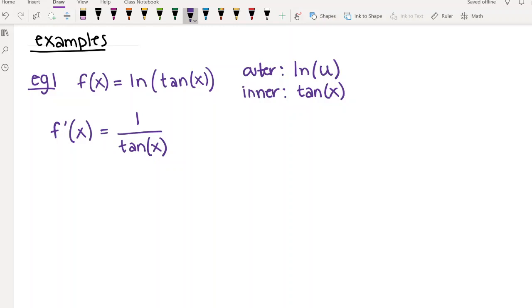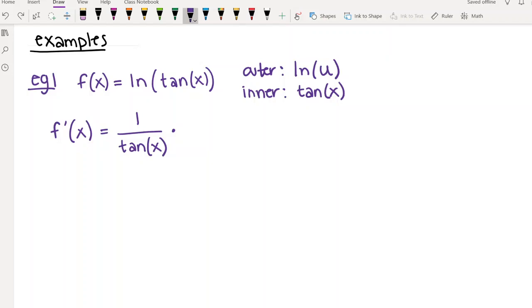Anytime you're taking a derivative of ln of something that's not just x, you're going to get 1 over whatever that thing is as part of your derivative. So that's the outer part of the derivative: instead of being 1 over x, it's 1 over tangent of x, because that's our input in this composite function.